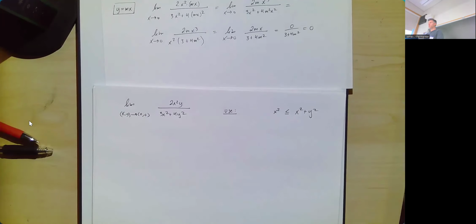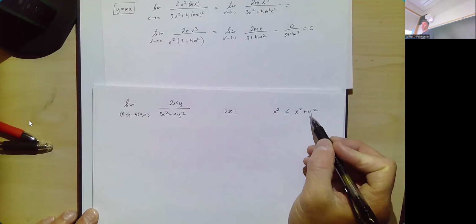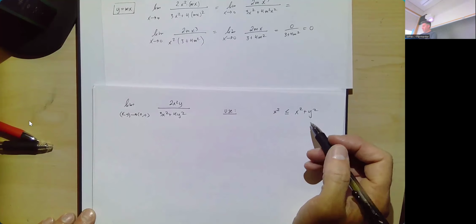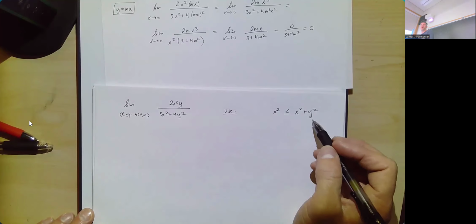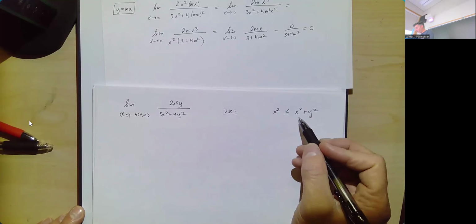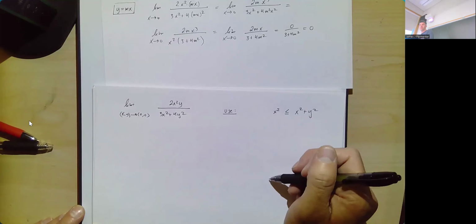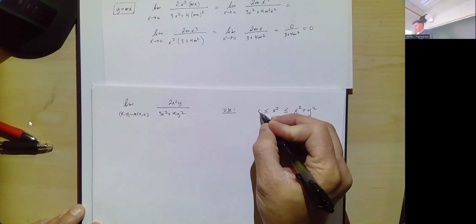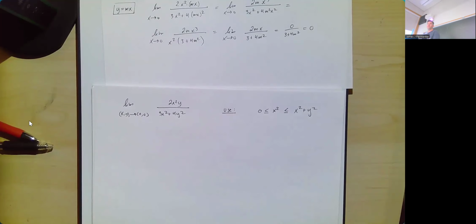Definitely true. y squared is always greater than or equal to 0. So is x squared. So if you add this on, you can't be making it smaller. It might be the same. If y was 0, x squared would be equal to x squared plus 0. But if y is anything other than 0, whether it's positive or negative, this right-hand side is going to increase in size. And then I'll also point out that x squared is greater than or equal to 0.